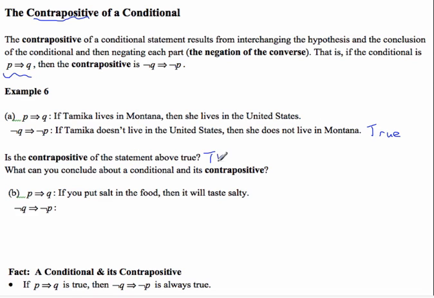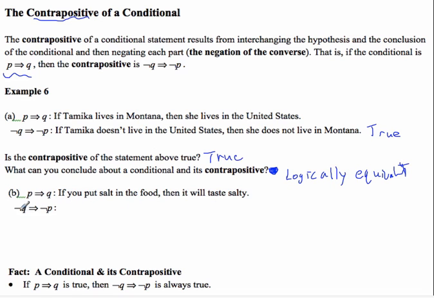What can you conclude about the conditional and its contrapositive? We'll look at the truth table in a second and figure out that they are logically equivalent. So I guess we could say that they're logically equivalent here.